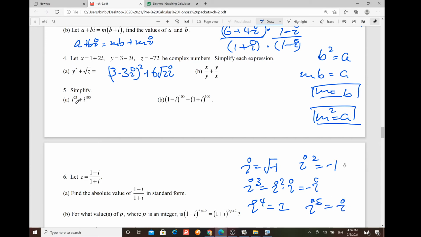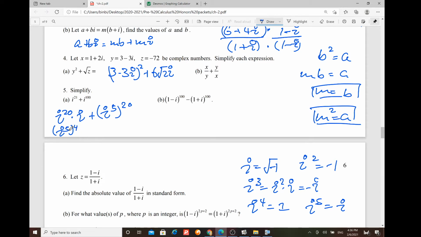So I to the power of 21 is just like I to the power of 20 times I. Okay. And then plus I to the power of 100, so this one is just I to the power of 5 to the power of 20. So I to the power of 20 is just like I to the power of 5, I to the power of 4.